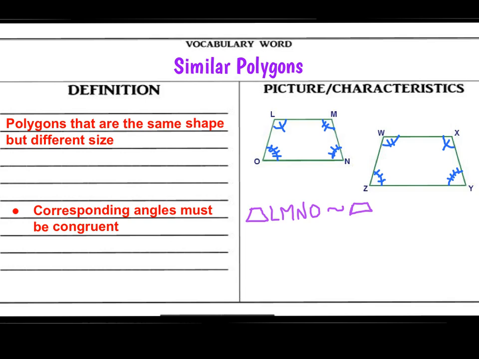Whatever goes with L should be written first, and that would be X. And what corresponds with angle M? It would have to be W. And N would correspond with Z. And O with Y. So this is called a similarity statement.